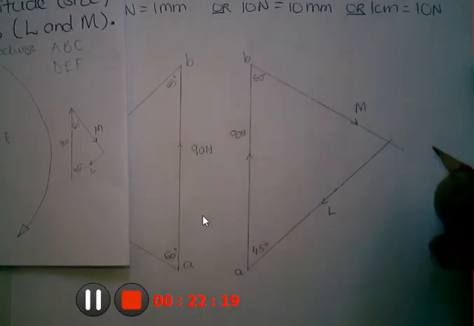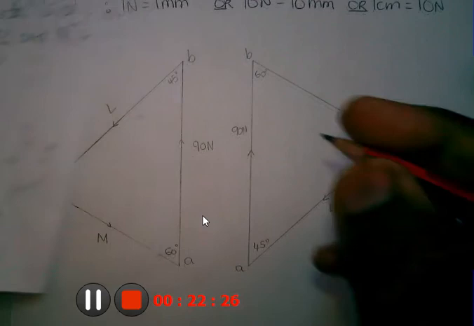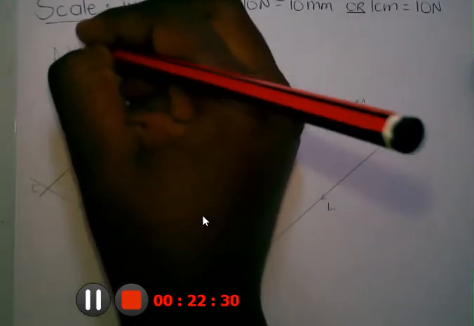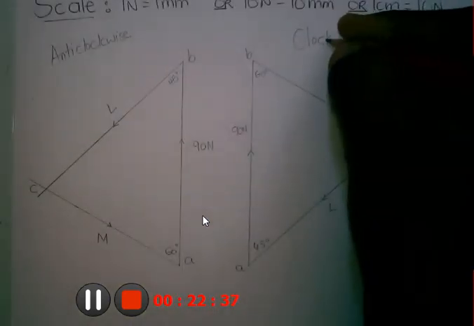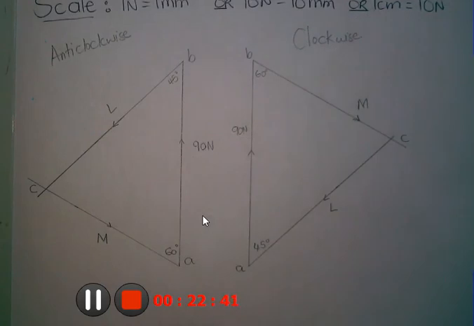This is A, B. That is your point C. So there we have our second shape. This is the shape you get if you take the anti-clockwise direction. This is the shape you get if you take the clockwise direction.